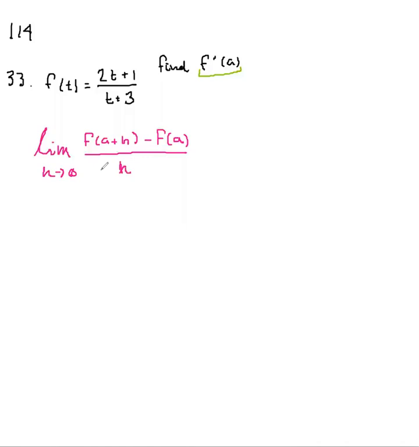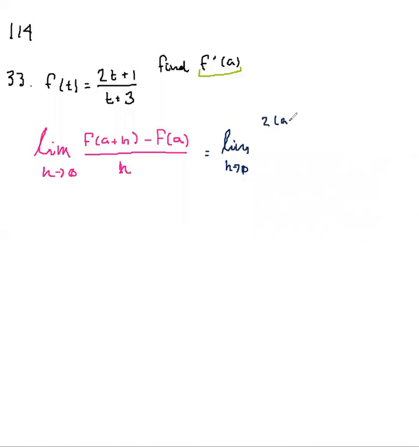It's going to get messy. So buckle in. First things first, we're going to put this in as the limit as h goes to 0, and we're going to put in f of t. So it's going to be f of a plus h. So every location here where we have t, we're going to have to put a plus h.